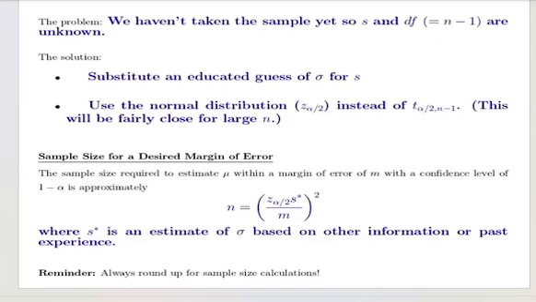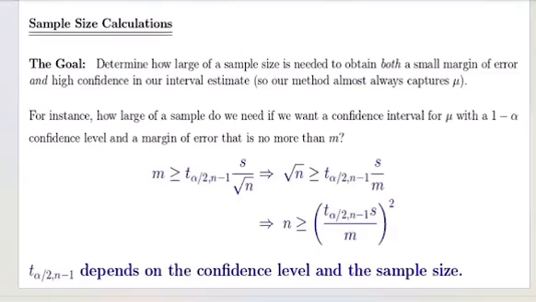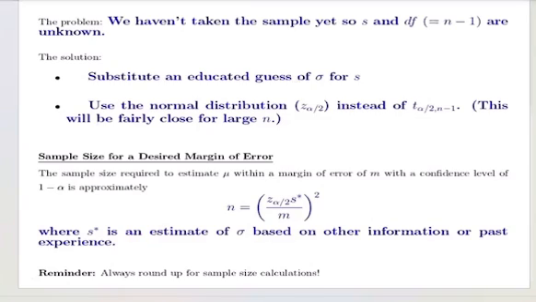If I have a population standard deviation in existence, I'm going to use Z. But if I want to use a sample standard deviation, then I'm going to use T. Now I'm going to walk you through an example.